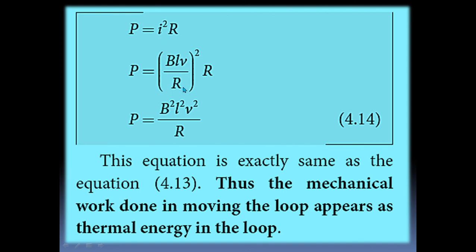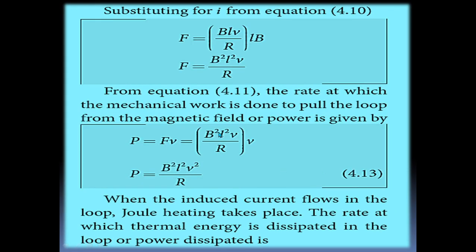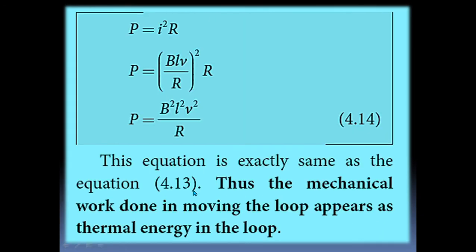BLv divided by R, the whole square, into R. So B square L square v square divided by capital R square into R. One R cancels, the remaining term: P is equal to B square L square v square divided by capital R. This equation is exactly the same as equation 4.13.